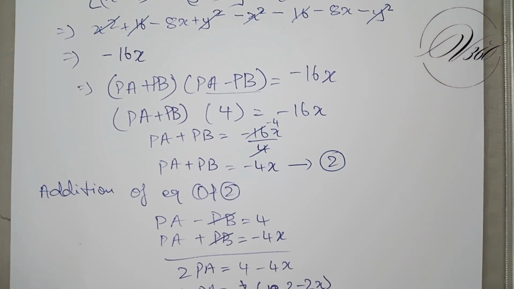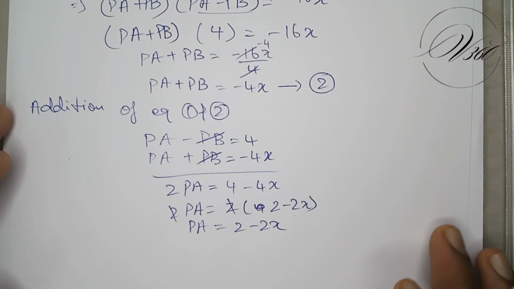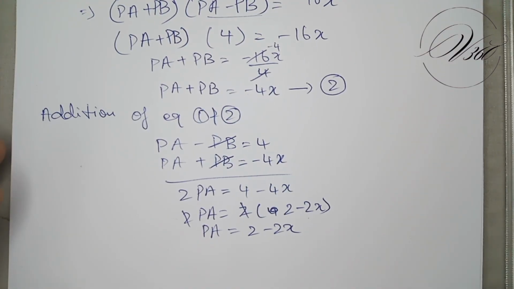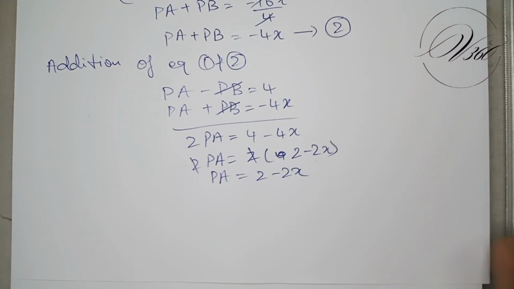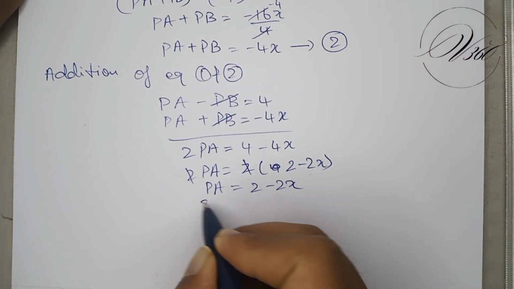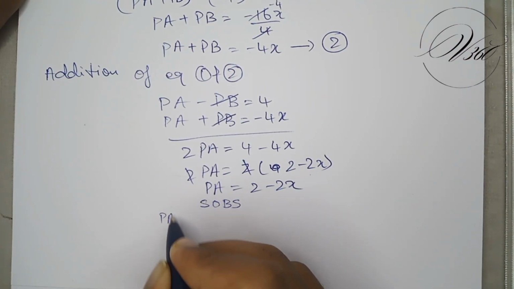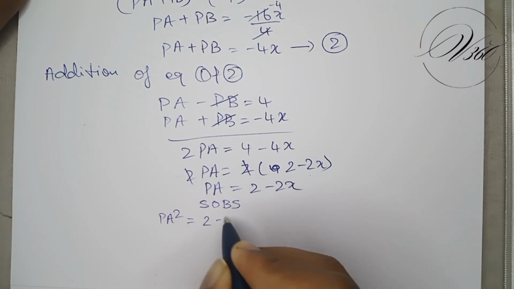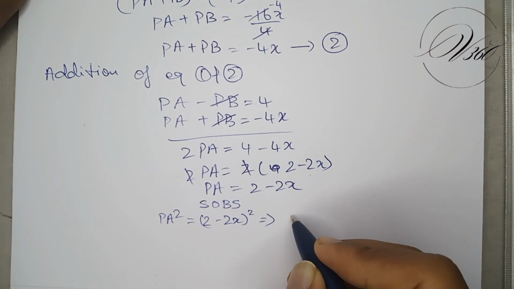Alright. Now wait a second, let me raise it up so that you can see it clearly. I think you might see it clearly now. Alright. Now here we will take squaring on both sides. PA square is equal to (2 minus 2x) square. PA square, what is PA square?